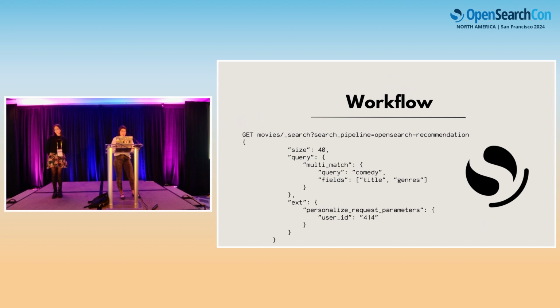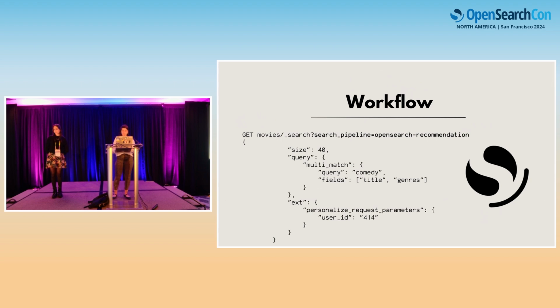In this case, our backend will do the following request to OpenSearch, where it will specify the index it has to search, where we keep all our movies. It specifies that it should also use the search pipeline so we can process our results.